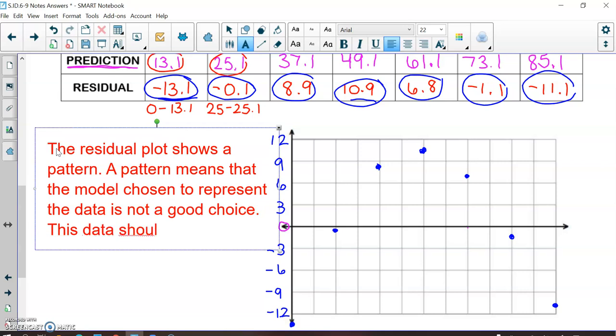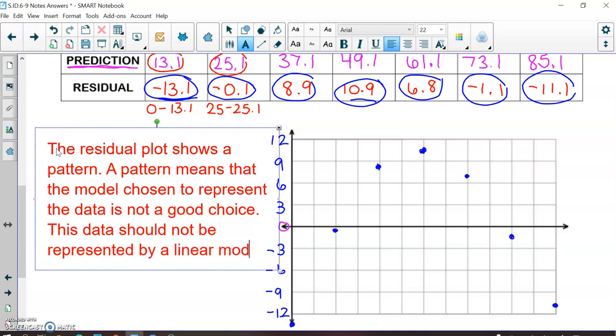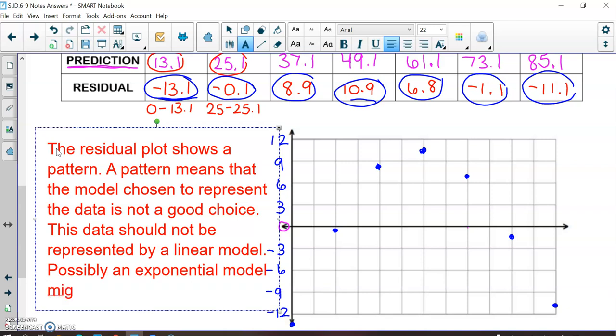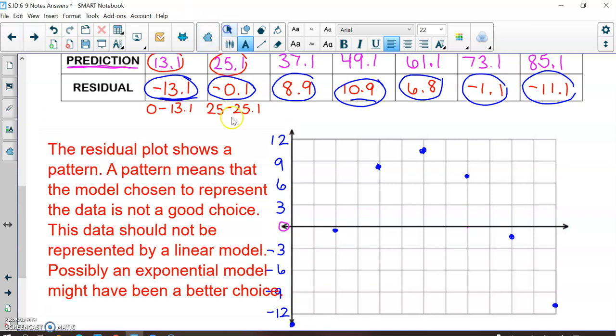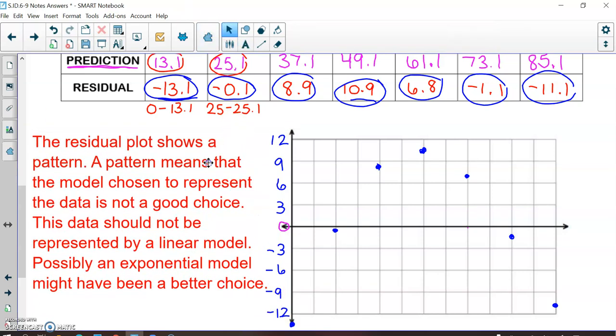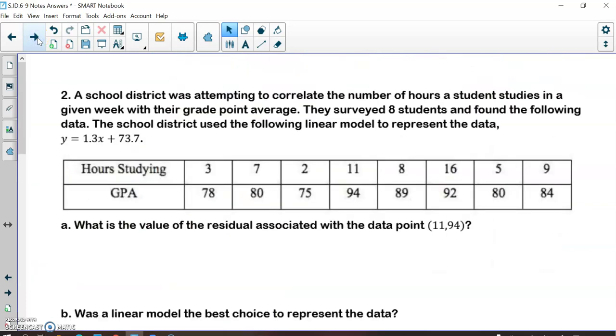This data should not be represented by a linear model. Possibly an exponential model might have been a better choice. And that's it. Okay, we're going to move on to the next one.